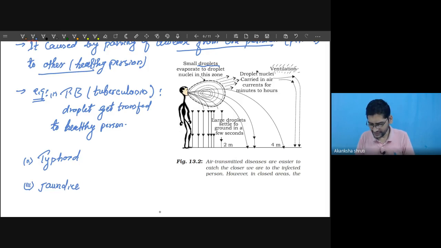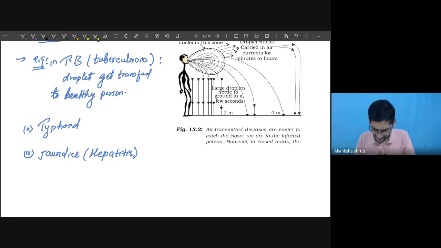In jaundice, the body of the patient becomes yellow, the liver stops working. This jaundice is a kind of hepatitis. The other one, malaria. All of these are communicable diseases.